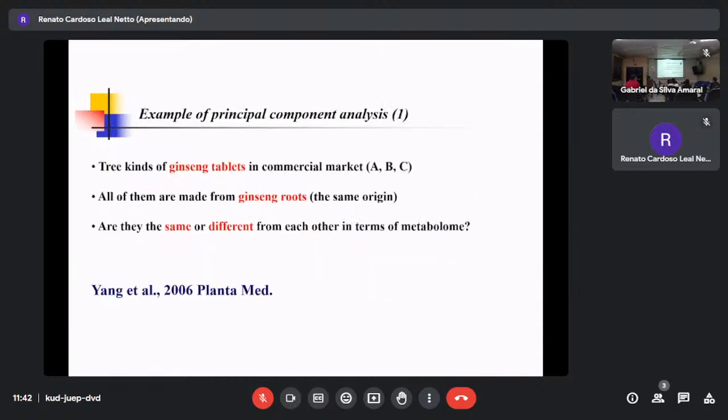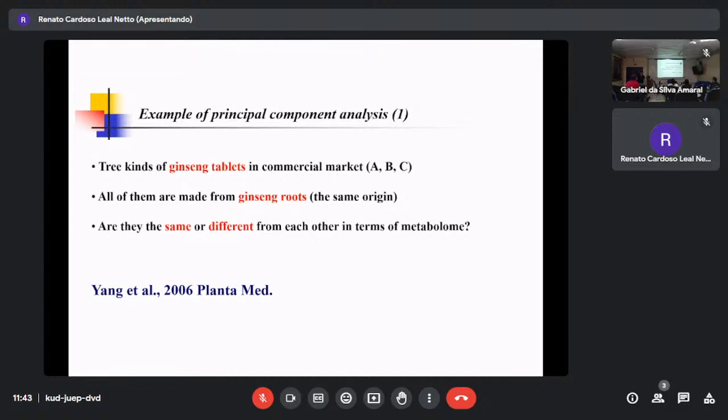So now, here, principal component analysis. The example, I think it's from a very old time I published. I bought the ginseng tablet from the market, from the drugstore in the Netherlands, ABC market, and I measured the spectrum.